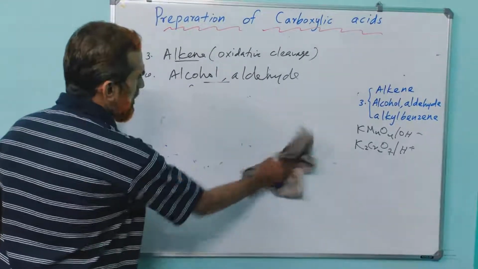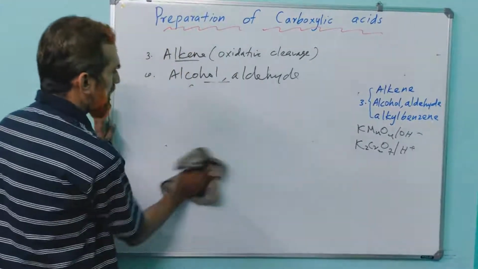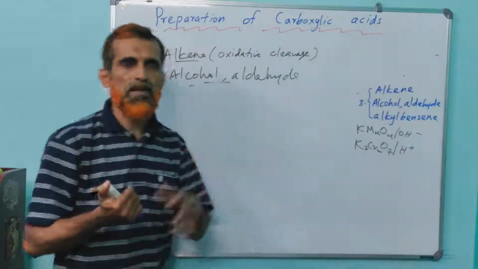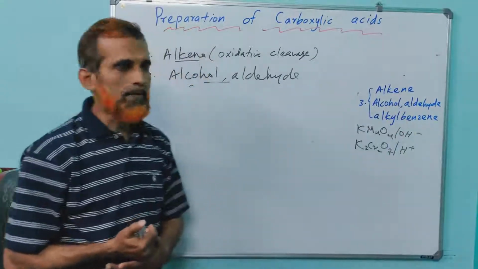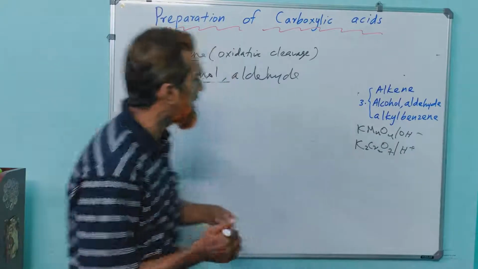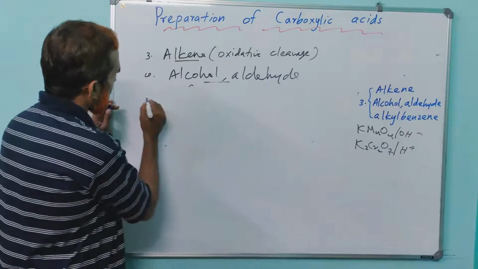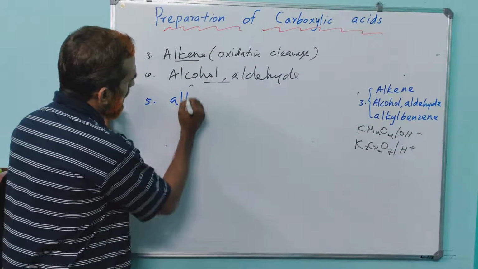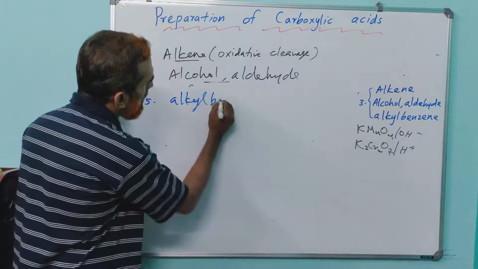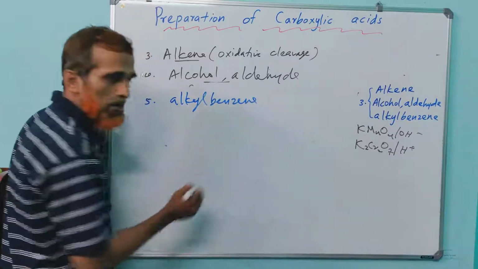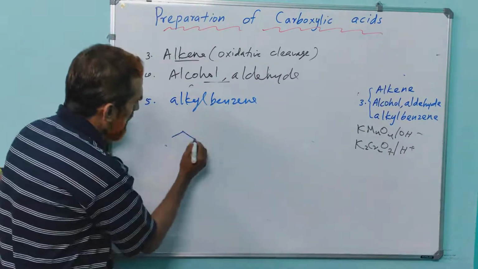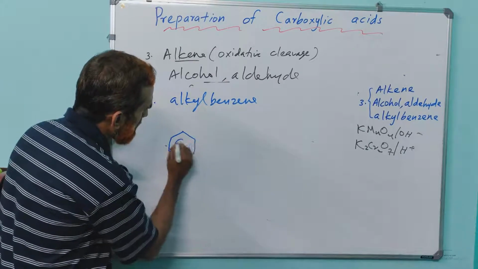Now, these reactions you learn in the chemistry, the properties of alcohol and aldehyde. The last one, from alkyl benzene you can prepare carboxylic acid. From alkyl benzene, this you learned in 4th semester in aromatic hydrocarbon. See, let me take an example.